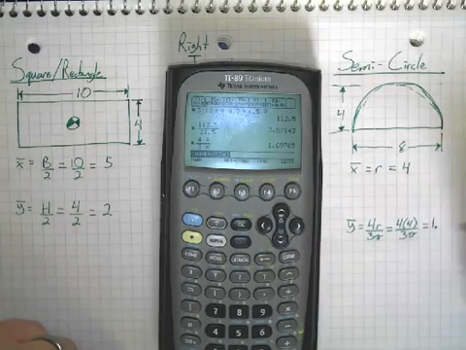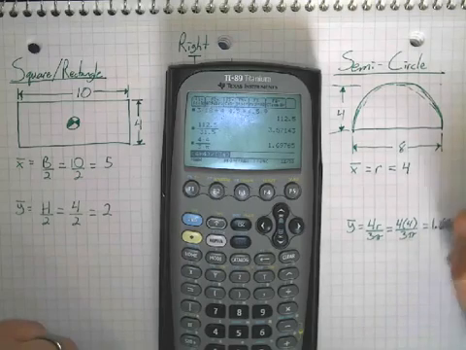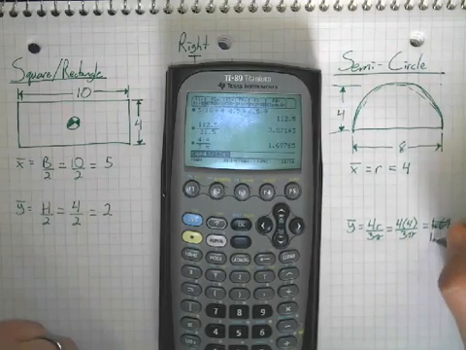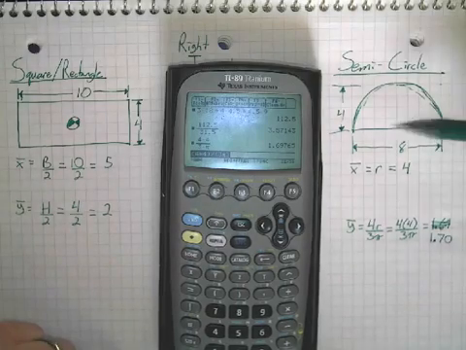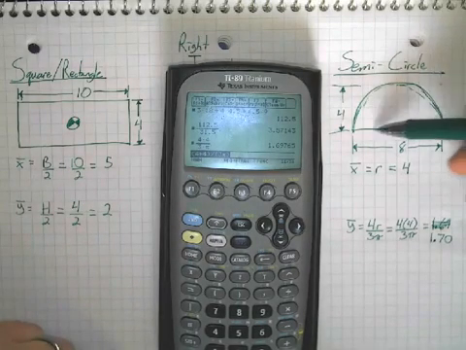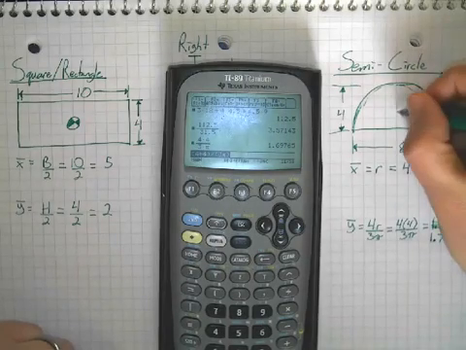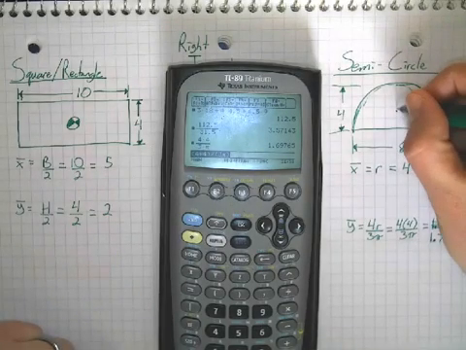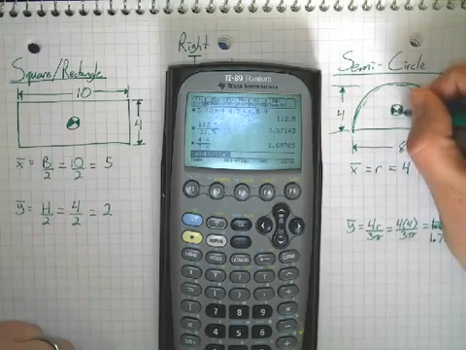And I get 1.6, I guess you could say 1.70 if you want to for rounding purposes. Either way, we get the answer. So if I go my radius of 4, 1, 2, 3, 4, and I go 1 and 0.7 is going to be somewhere in here, let's say. There is my centroid for my semicircle.